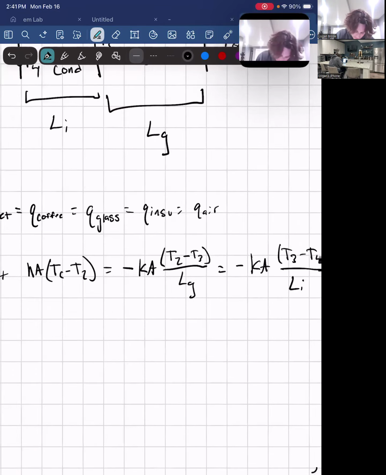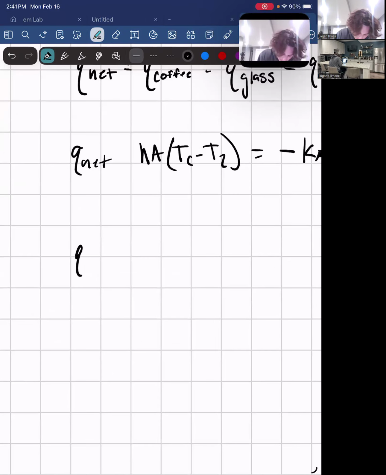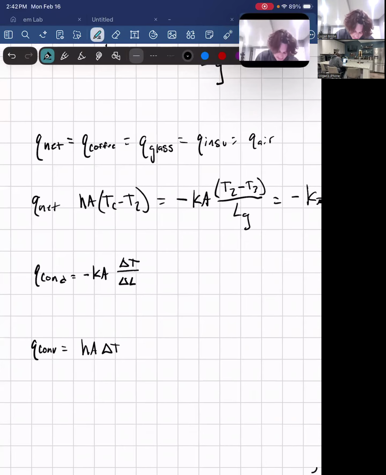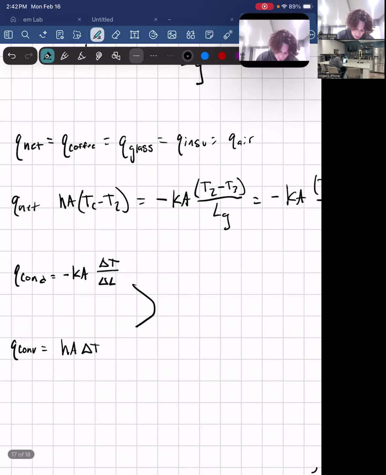And when we look individually at our Q for conduction and our Q for convection, right? We have Q conduction equals minus KA delta T over change in length. And then our convection equals minus, or not minus, we have HA, right? Our convection coefficient times our area times the delta T. Now we want to relate both of these to Ohm's law, right?